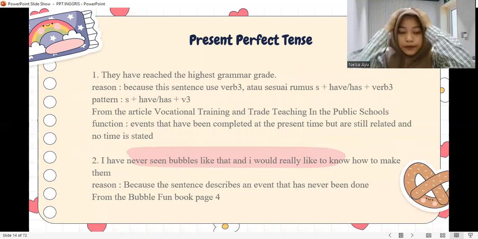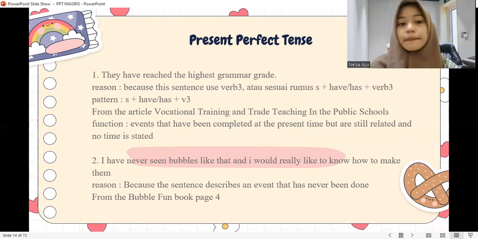And the example number 1 is "They have raised the highest grammar grade." Reason: because the sentence uses verb 3. The pattern is subject plus have or has plus verb 3.